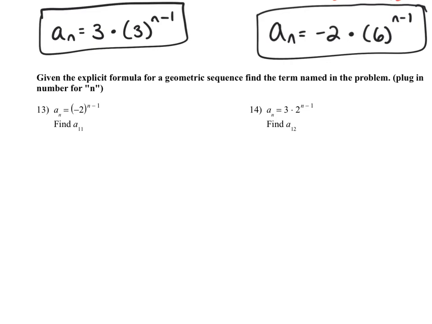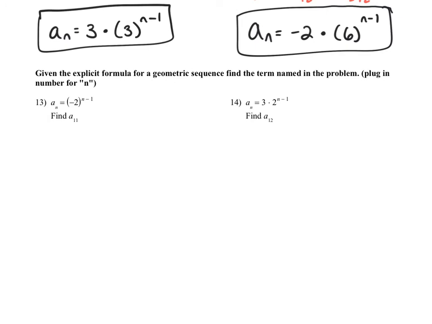Okay? All right. So this next direction says, given the explicit formula for a geometric sequence, find the term named in the problem, aka plug in the number for n. So, which term are they asking us to find? A of 11.